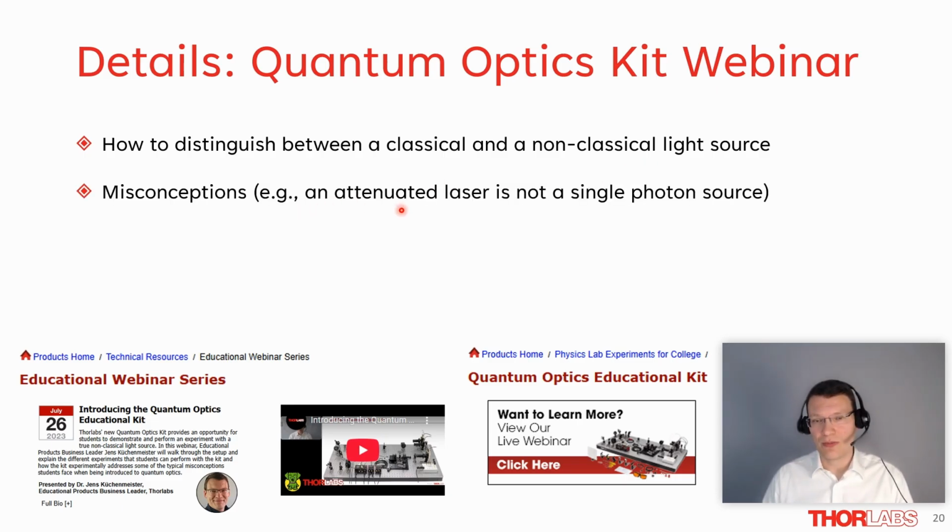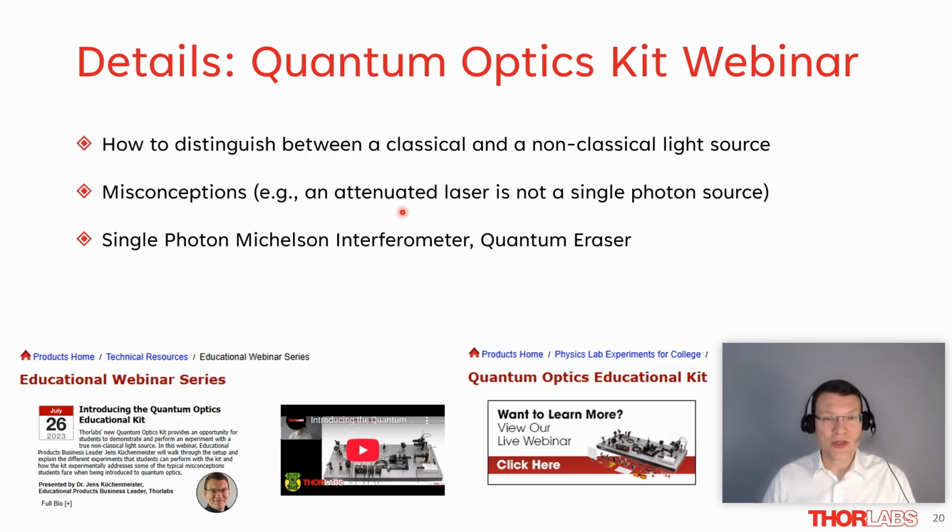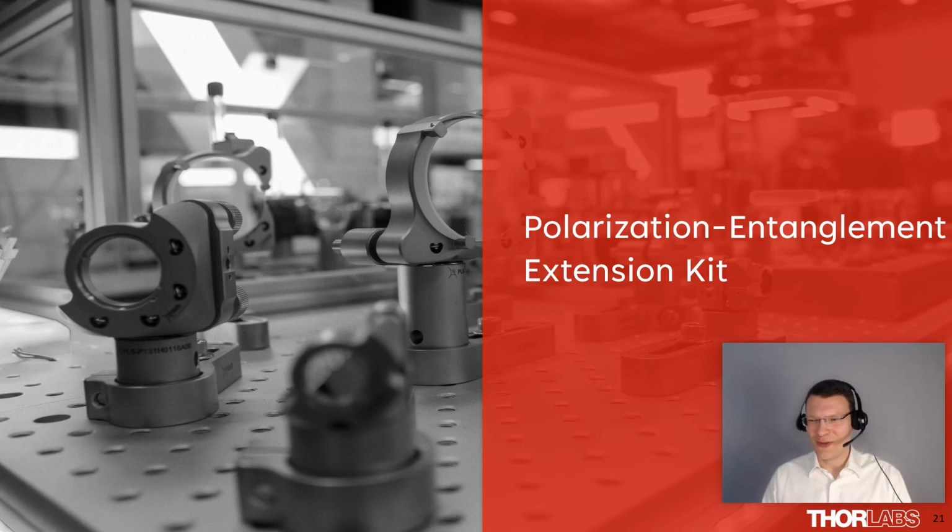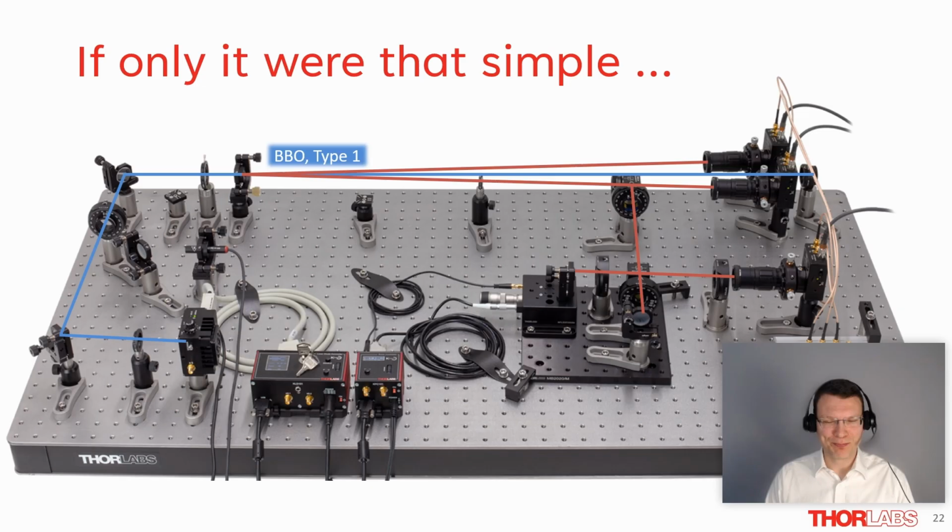For example, students often have the misperception that an attenuated laser is a single photon source, which you can experimentally verify that it's not. We do the single photon Michelson interferometer, we do the quantum eraser, and you can even turn this into a 2-qubit optical quantum computer. But now, without further ado, let's get into the polarization entanglement extension.